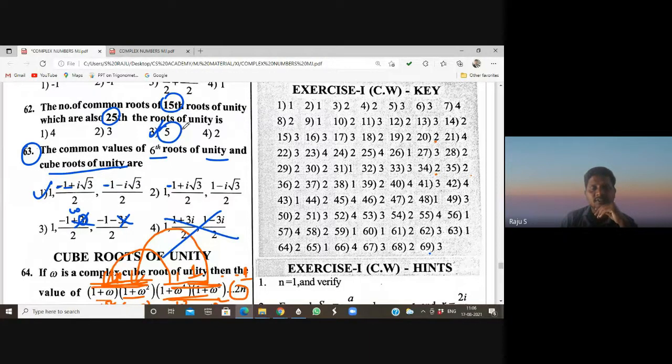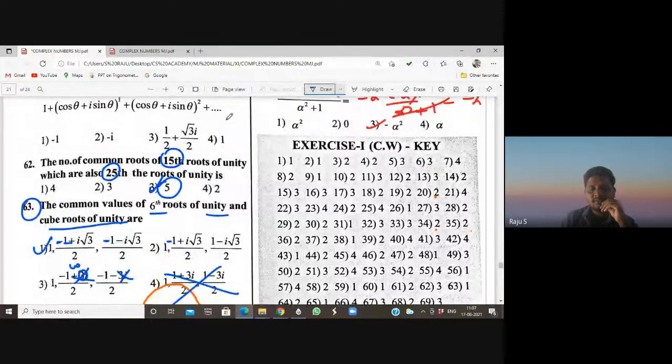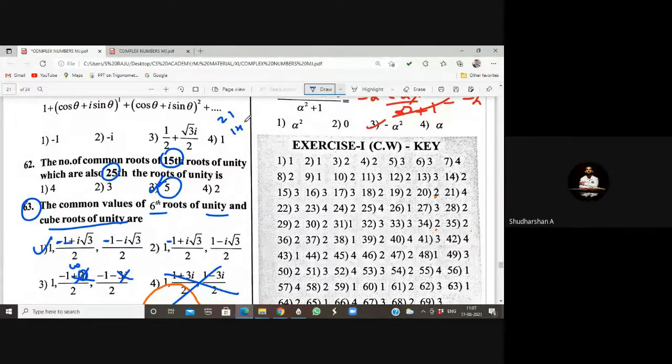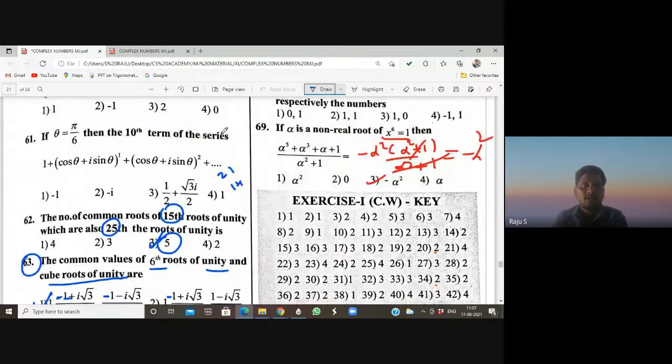So here there will be 5 common roots. For example, if 21 and 14 are there, how many common roots may we get? 7. 7 common roots. Like that you have to remember, students.